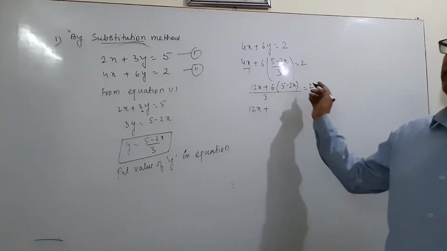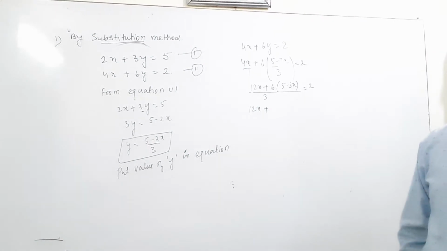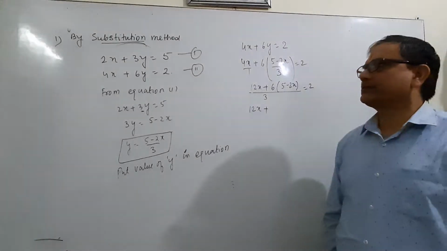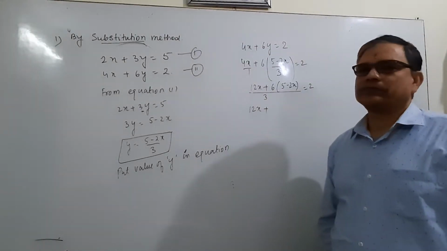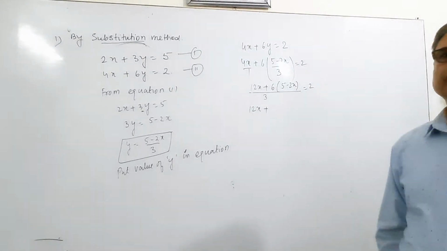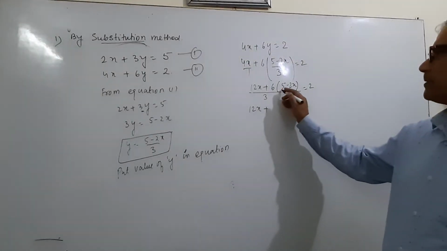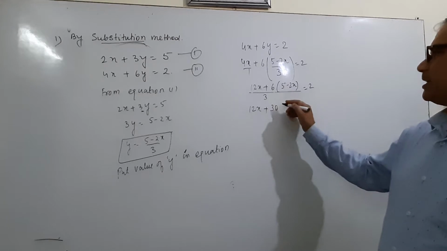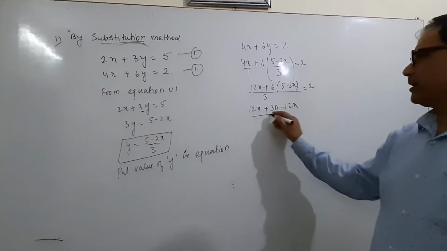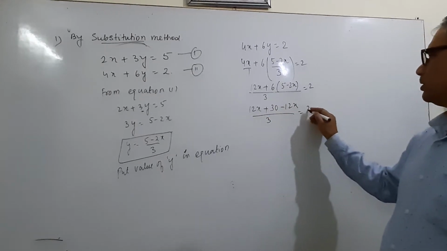Now open the bracket. 6 times 5 is 30, minus 12x, upon 3 is equal to 2.